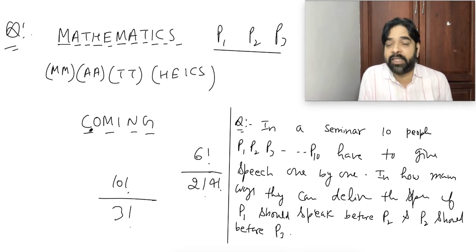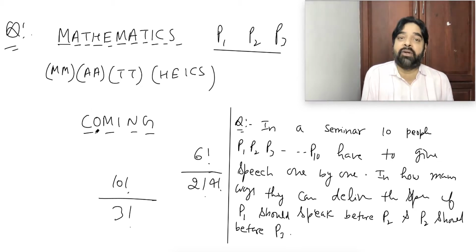Because C and O can interchange, O and M can interchange, M and I can interchange, but C and M cannot interchange, because the order of the consonants should also not change. Is this clear?